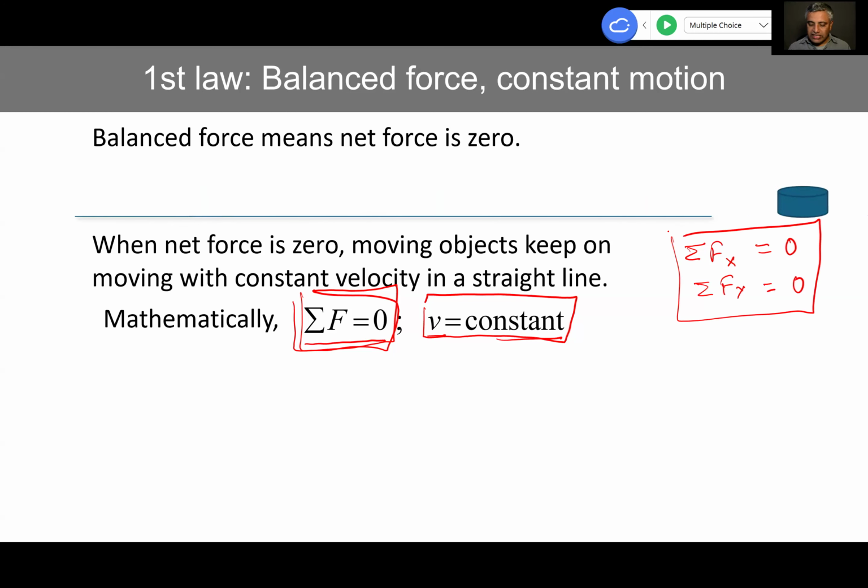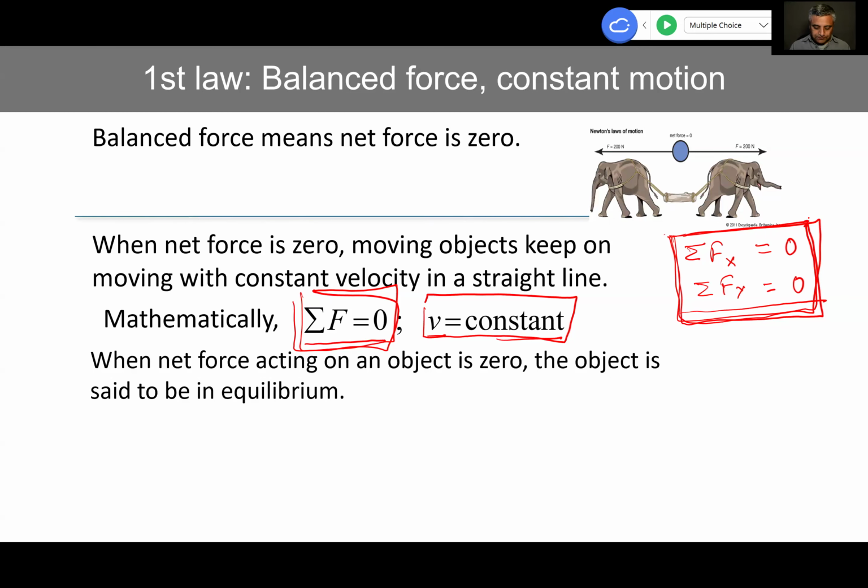The sum of forces along the horizontal direction, or chosen x direction, is equal to 0, and the sum of forces along the y direction, or perpendicular to x, is also 0. That is another way to write Newton's first law in terms of components. While solving problems, we're going to be writing it this way. Keep that in mind, okay.